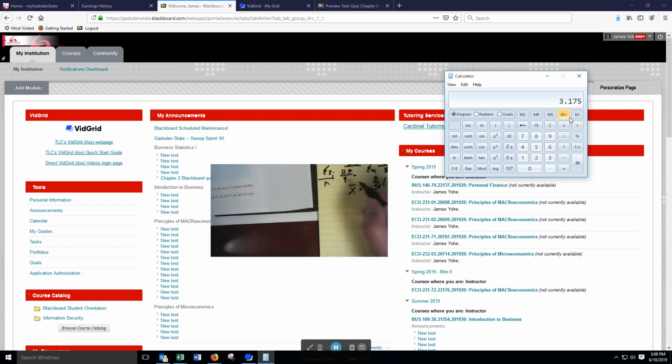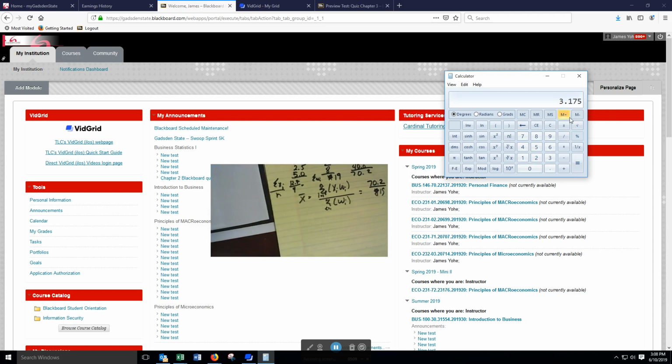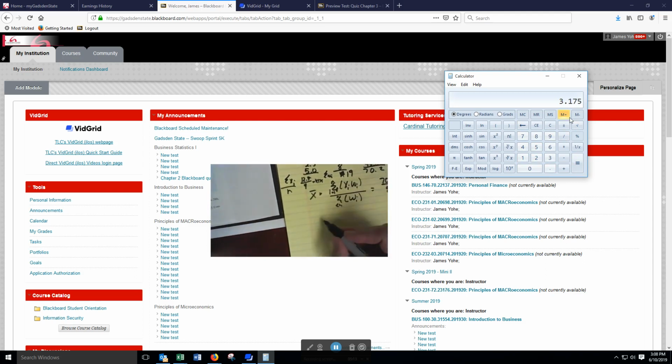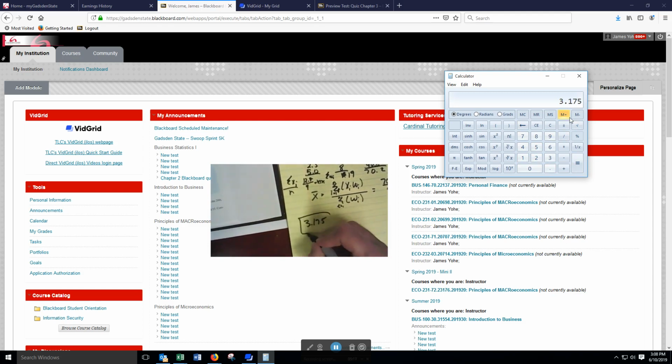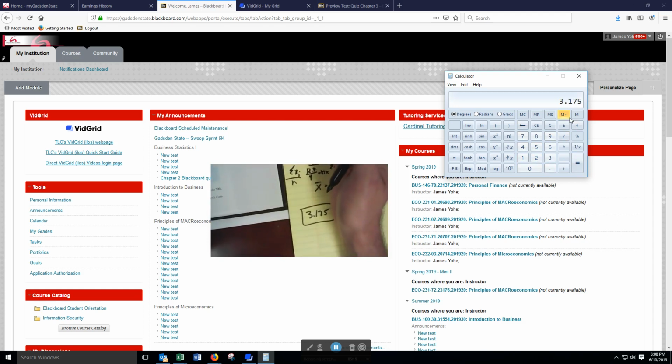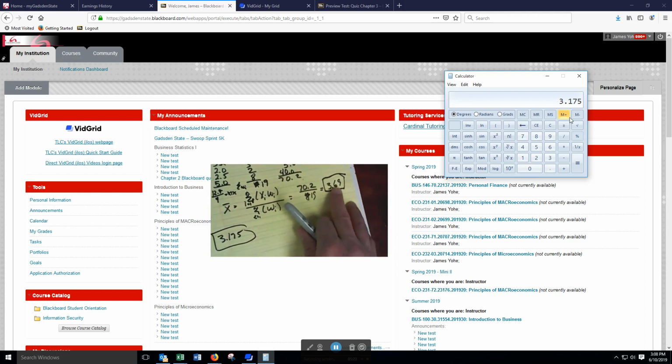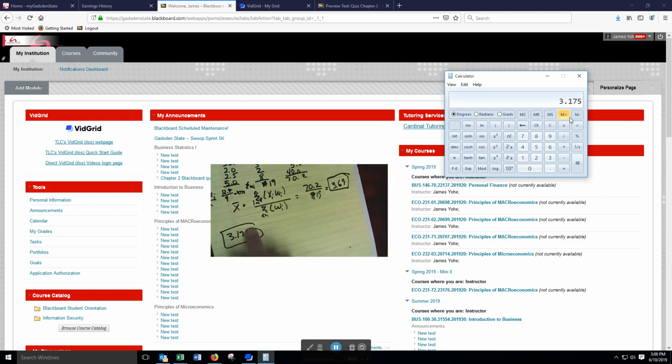That comes out to be 3.175. So you can see we get a different answer here. So if I just calculated it like there were no weights, I got 3.175, when the weighted mean is 3.69. That's the correct number. That's wrong.